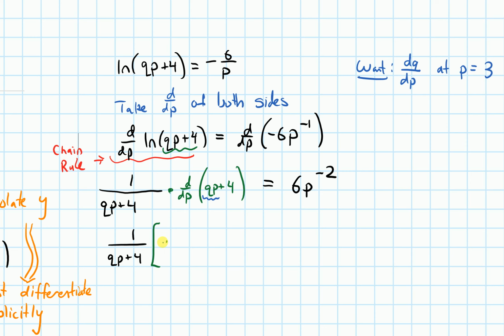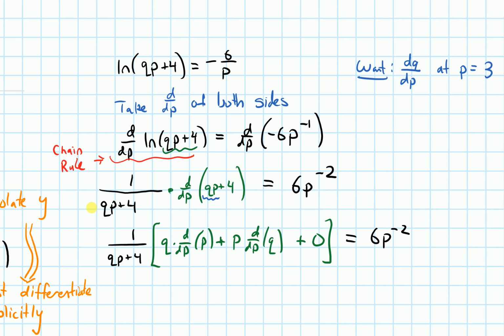So I do the first function times the derivative of the second, derivative of p, plus the second times the derivative of the first, d/dp of q. All right, so that's my derivative of qp, but then I have to add the derivative of 4 to that. 4 is a constant, so its derivative is 0. So nice. All right, so on the right-hand side, we still have 6p to the negative 2.